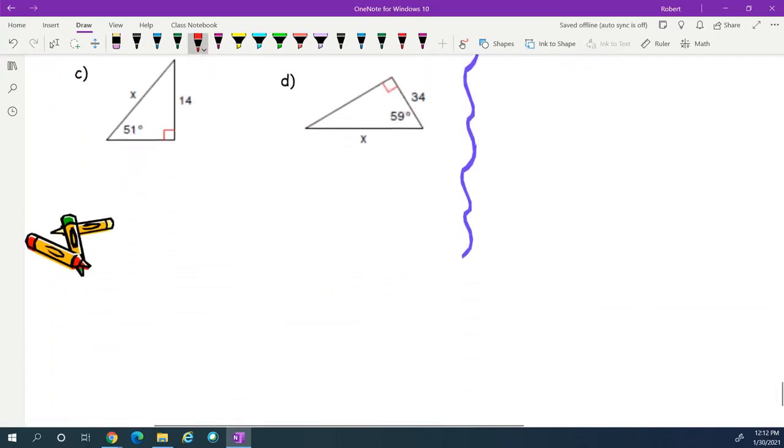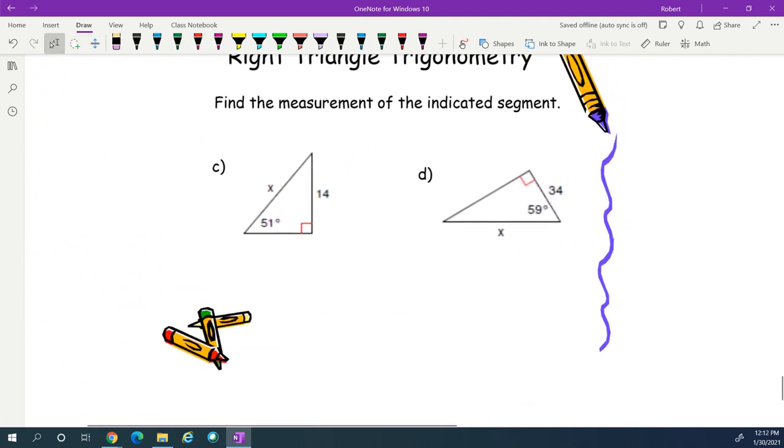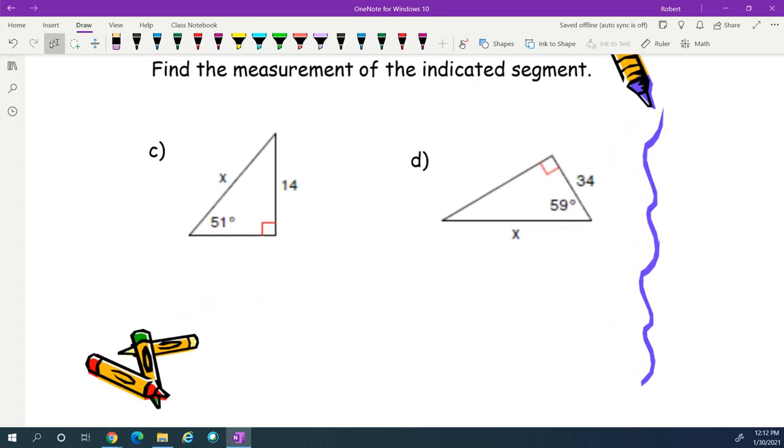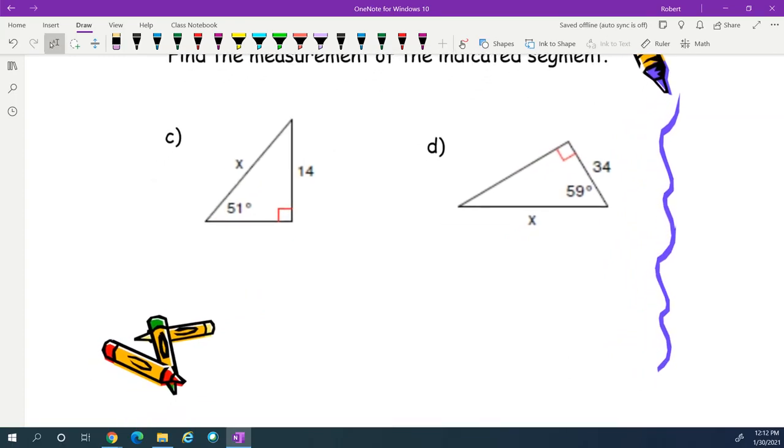Let's do 2 more together. Same directions, we're rounding our final answer to the tenths. Identify the parts, angle, hypotenuse, opposite.